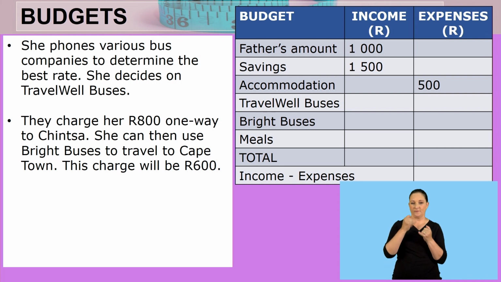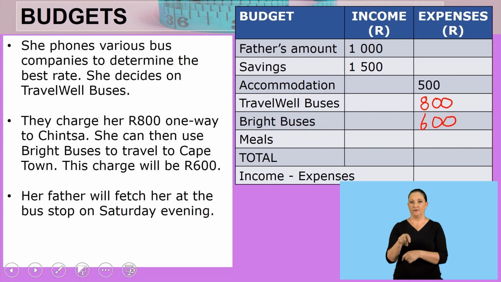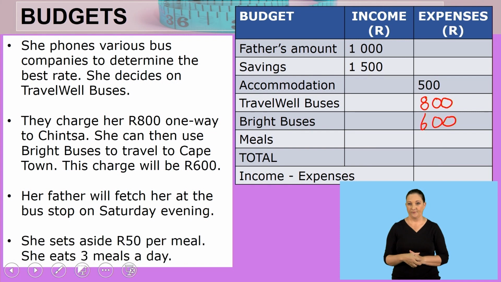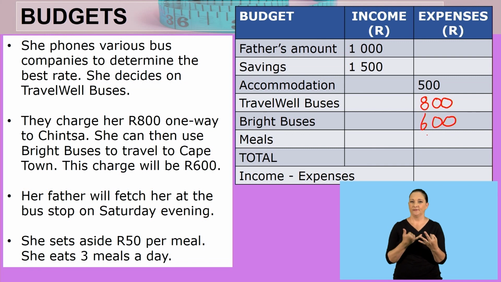So here's Travelwell's charge of 800 Rand into the budget, and then 600 Rand for Bright bus to get her to Cape Town. All right. Her father will fetch her at the bus stop on Saturday evening, so she doesn't have to budget to get to her father's house. And she sets aside 50 Rand per meal. She eats 3 meals a day. So in total, she'll eat a total of 300 Rand.